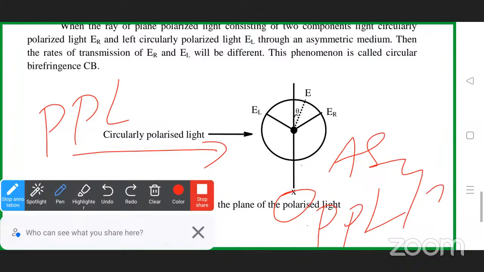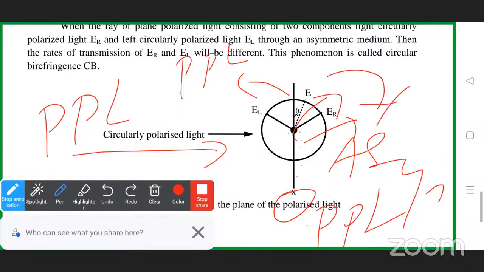Now what is happening? Because it is a chiral compound, this compound rotates the PPL. This is your PPL here, and it is rotating it towards the right side.